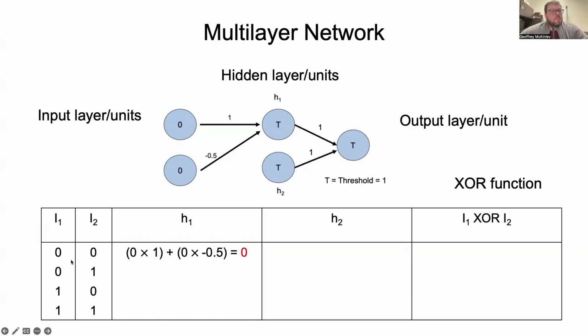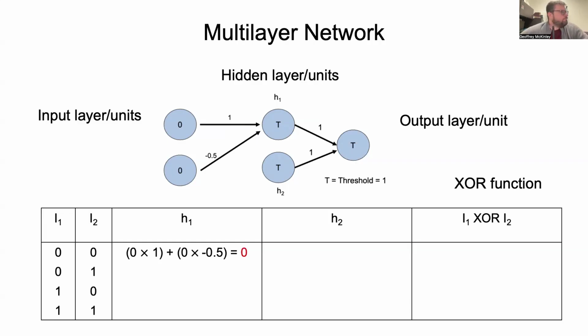So if both the inputs are zero, zero multiplied by this weight, which is one, and then zero, input two, multiplied by negative 0.5. That leads to zero plus zero, which is zero.